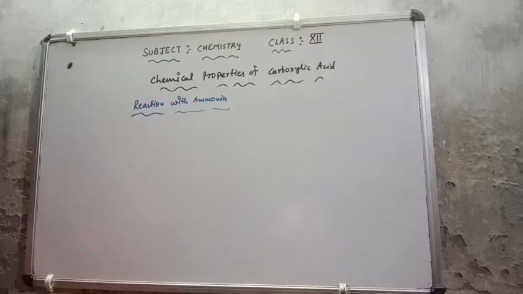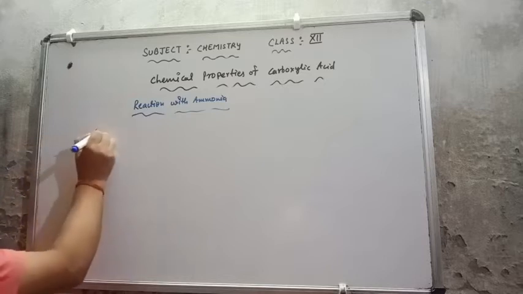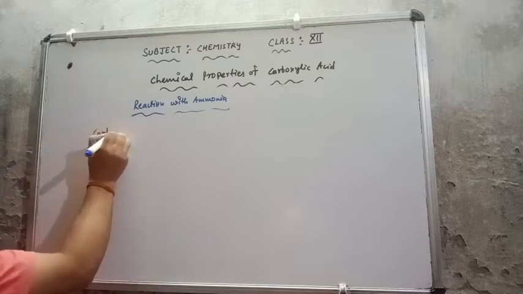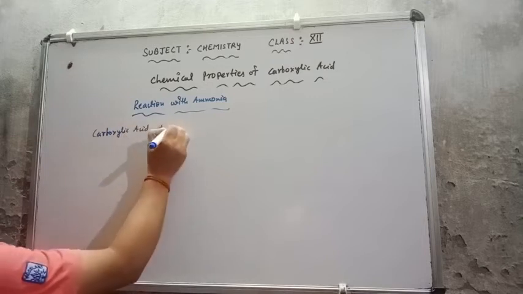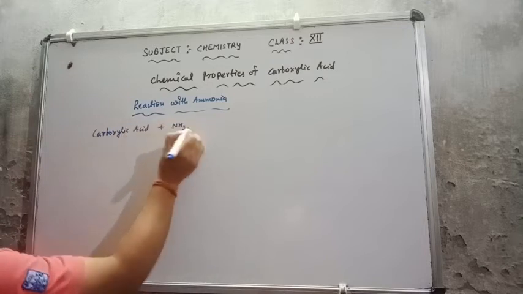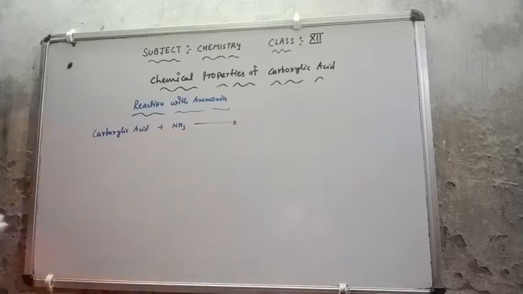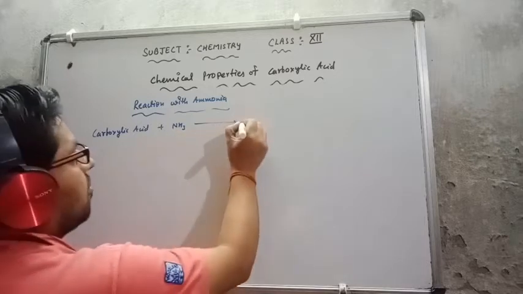It is very simple: whenever carboxylic acid is reacted with ammonia, then we get the ammonium acetate salt.